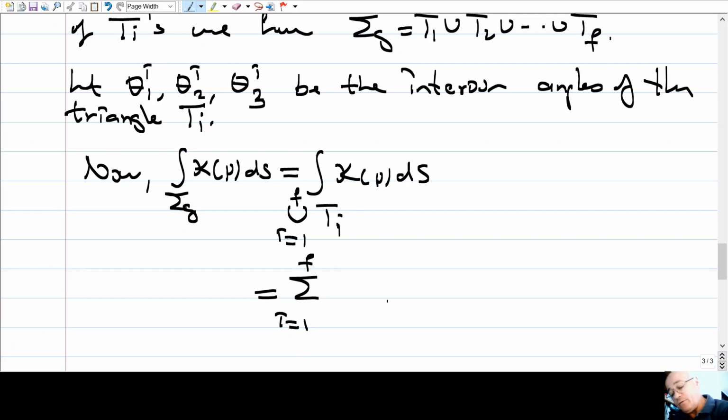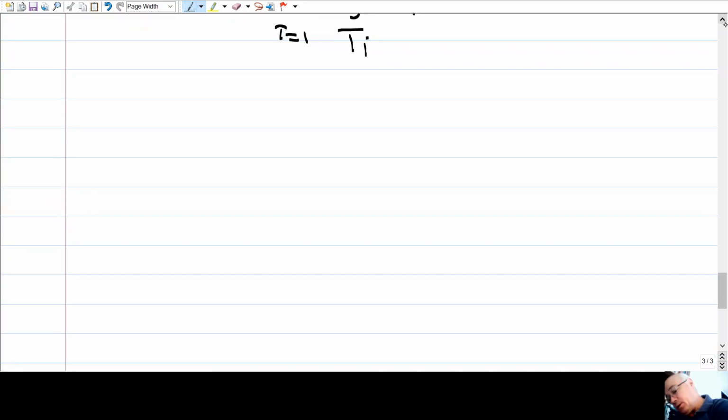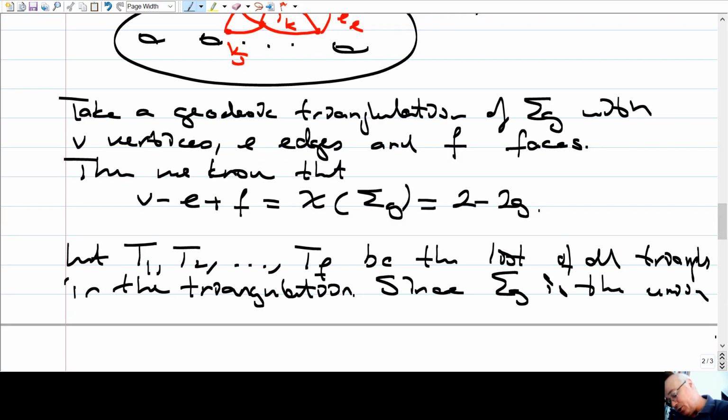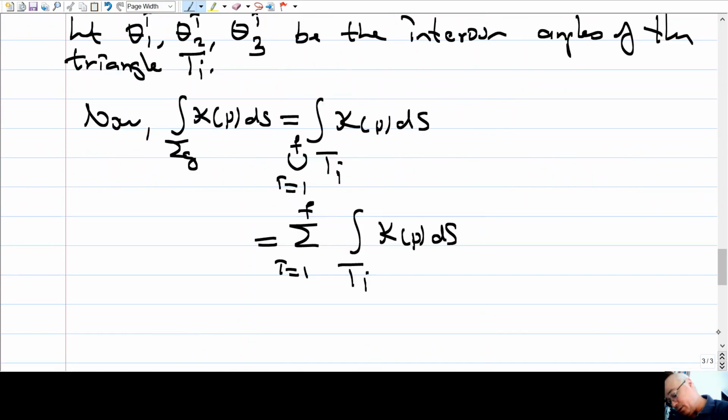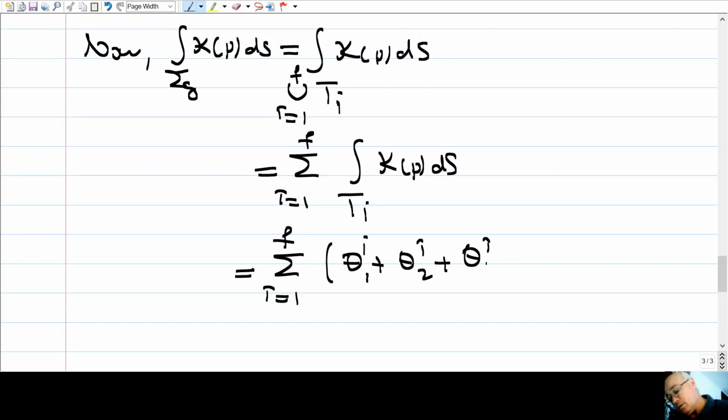In that case this integral becomes just the sum of the integrals over each triangle. But here the triangles are geodesic triangles. Therefore, each of these integrals is just the sum of the interior angles minus pi.